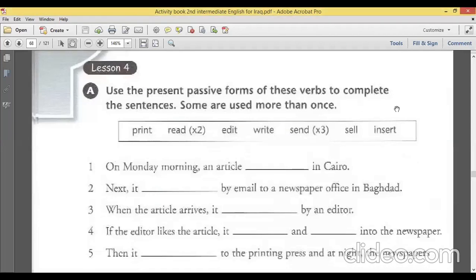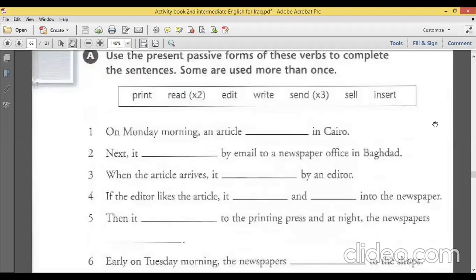It says, use the present passive forms of these verbs to complete the sentences. Some are used more than once. So, you have to complete them. I will do the first one for you so you can copy. The first one says, on Monday morning, an article in Cairo. An article is what? An article is written.